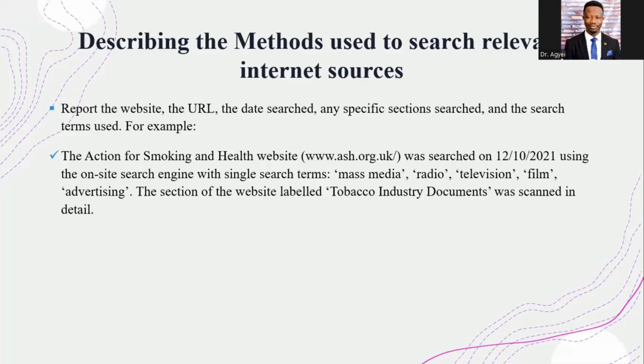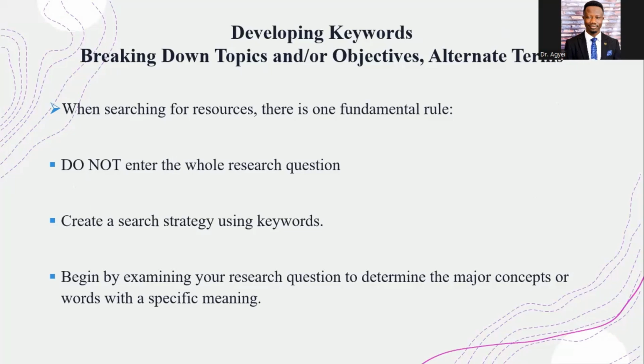For instance, the Action on Smoking and Health website, or a search on a specific date using a specific search engine with single search items. These are the things you need to document, if your institution requires you to do that. If your institution doesn't require it, then those things are not necessary.